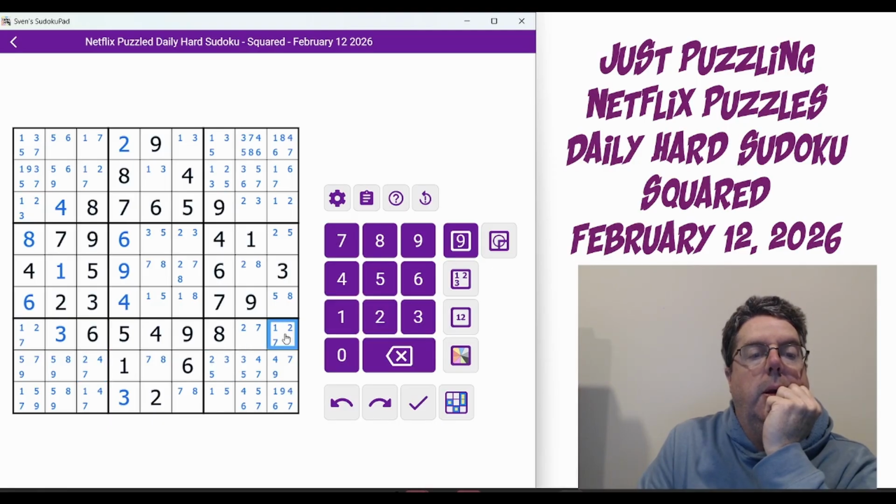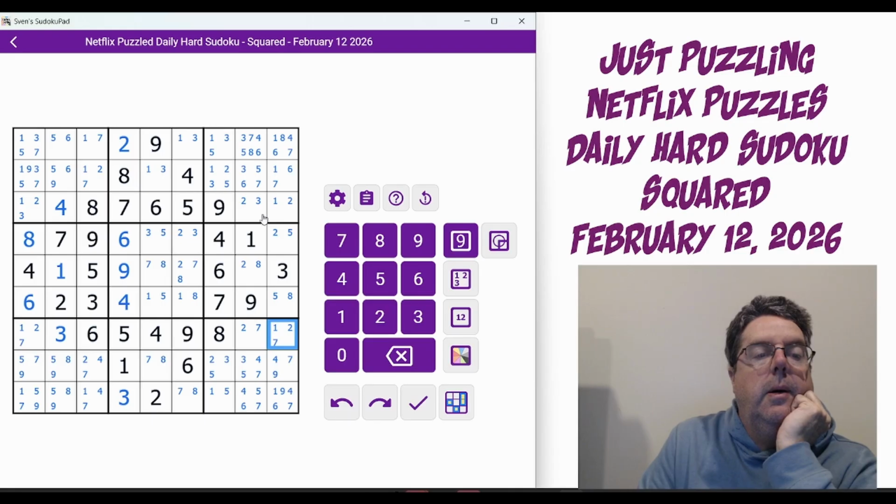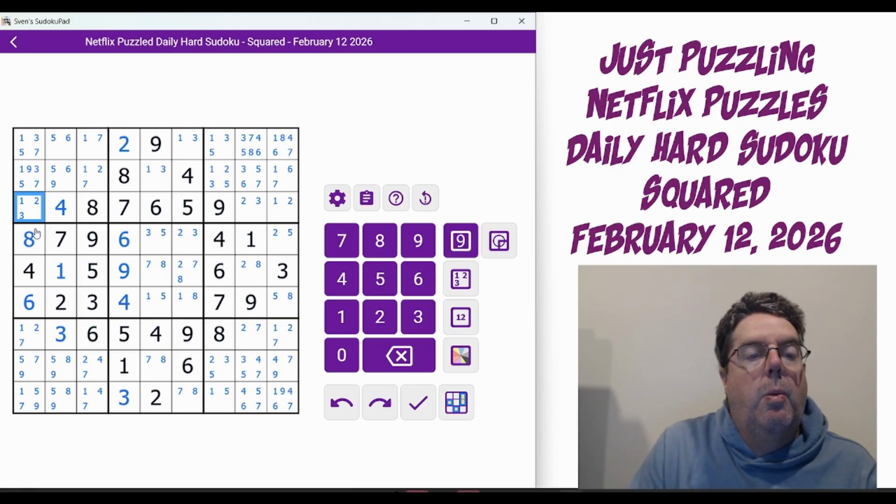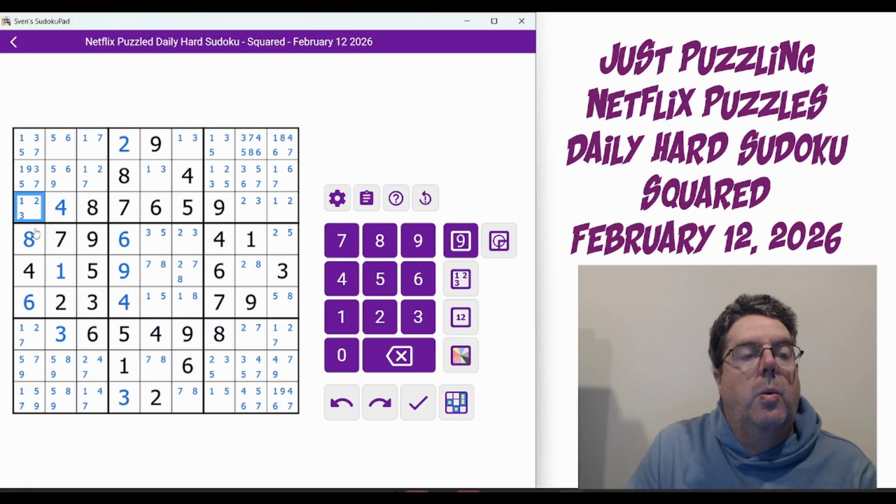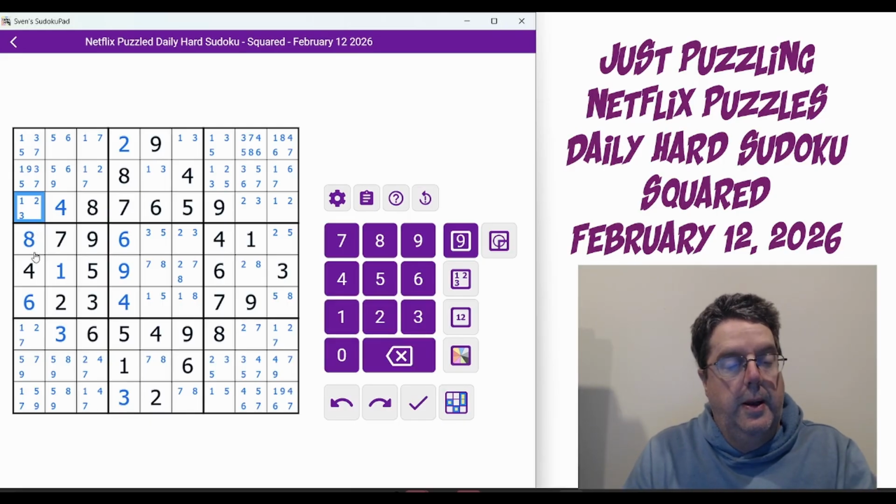2 is one of these. 2, 2, 2 still works. 1, 2, 3. 1, 1. It's right in that one. So I've now got another square here.